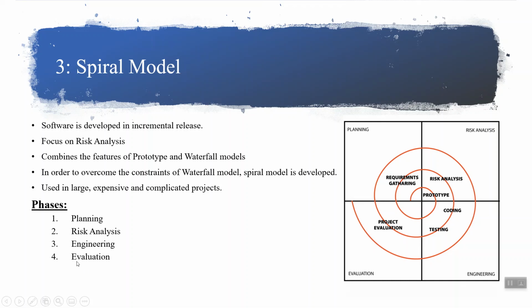There are four main steps in the spiral model: planning, risk analysis, engineering and evaluation. Planning contains requirement gathering, risk analysis contains identifying and managing risks, the engineering phase contains coding and testing of the product, and evaluation contains project evaluation.